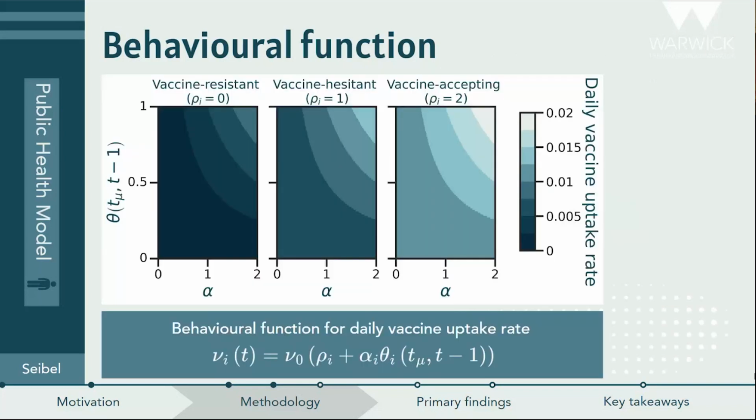So then this gives you an idea of, in general, what the uptake values might look like. On the left, we have our vaccine resistant group, which has very low levels of vaccine uptake. But once you go through the vaccine hesitant and vaccine accepting groups, these end up being relatively higher values.